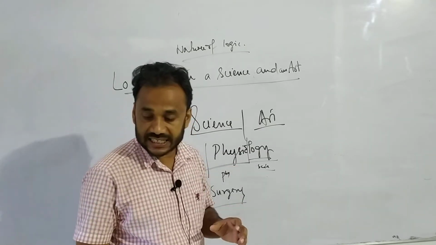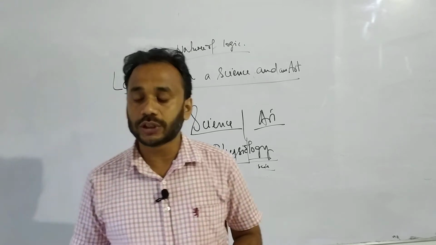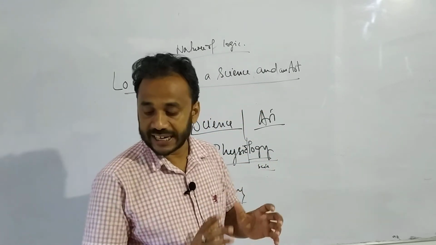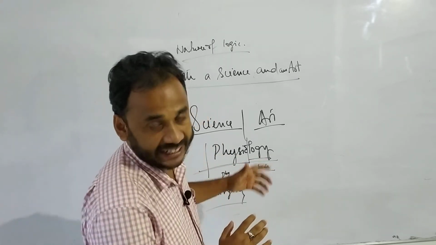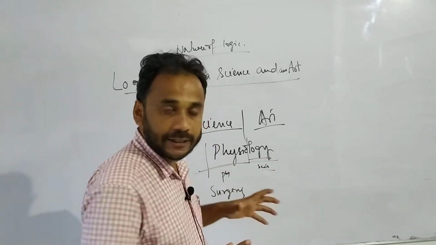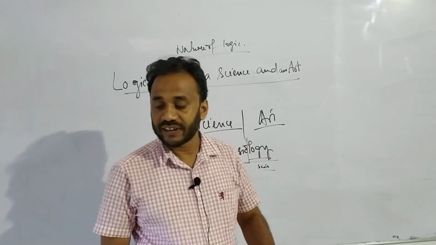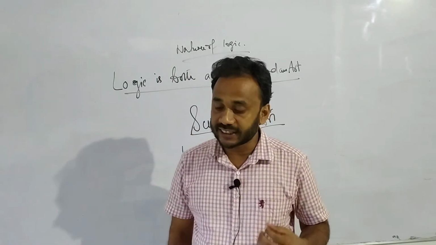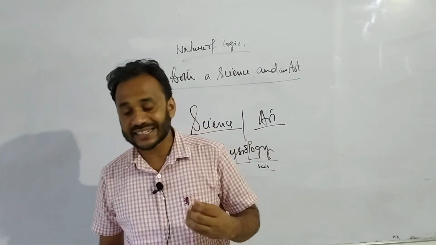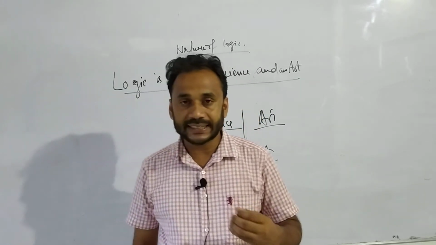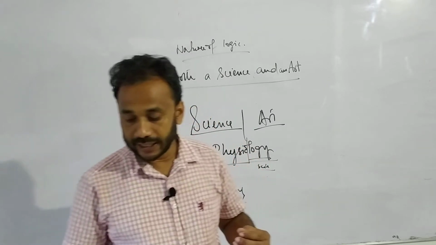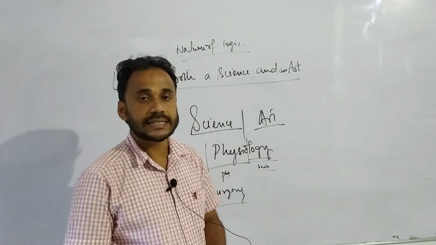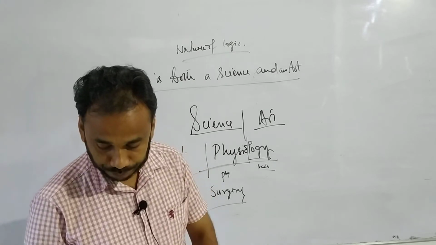It teaches us how to attain truth by applying the body of scientific knowledge to practice. So in logic, we can have knowledge of the general principles of correct thinking. At the same time, we can attain truth and avoid error by applying the rules in practice.